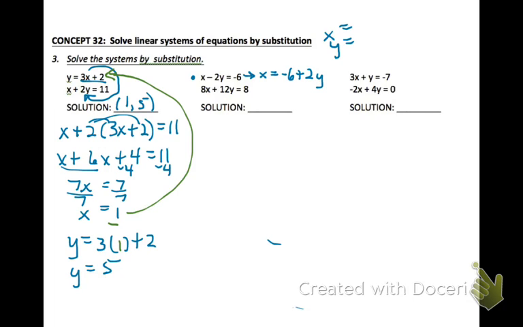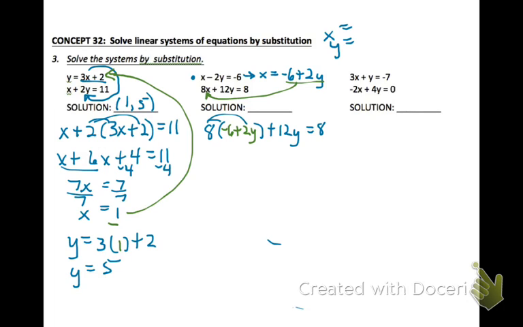Now I take what x equals here, and I'm going to plug it into my second equation for x. So that'll be 8 times what x is plus 12y equals 8.